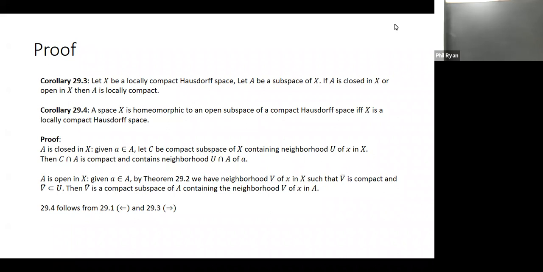And then finally, a space is locally compact Hausdorff if and only if it is homeomorphic to an open subspace of a compact Hausdorff space. And this is really a useful corollary because if we've got a space that we're studying and we can show that it's homeomorphic to an open subspace of some compact Hausdorff space, then it's locally compact Hausdorff.